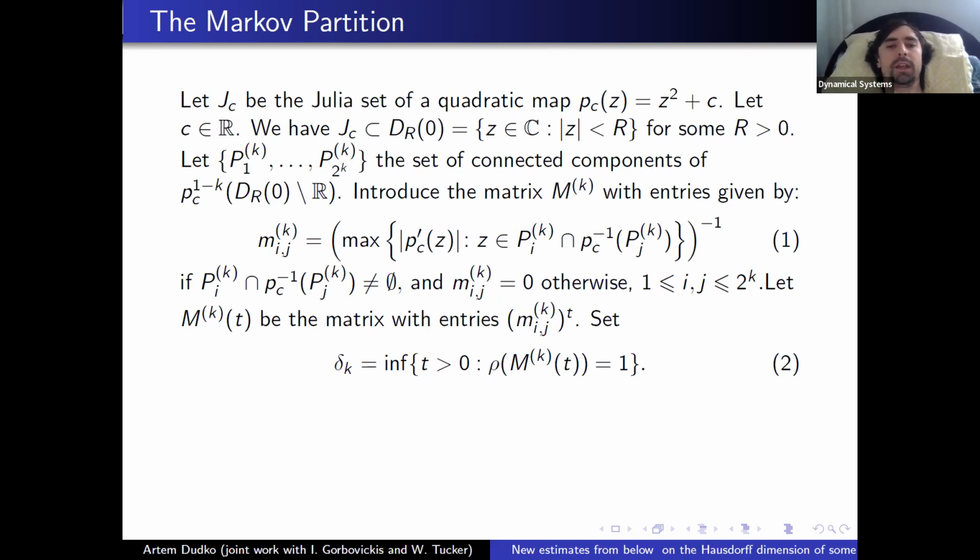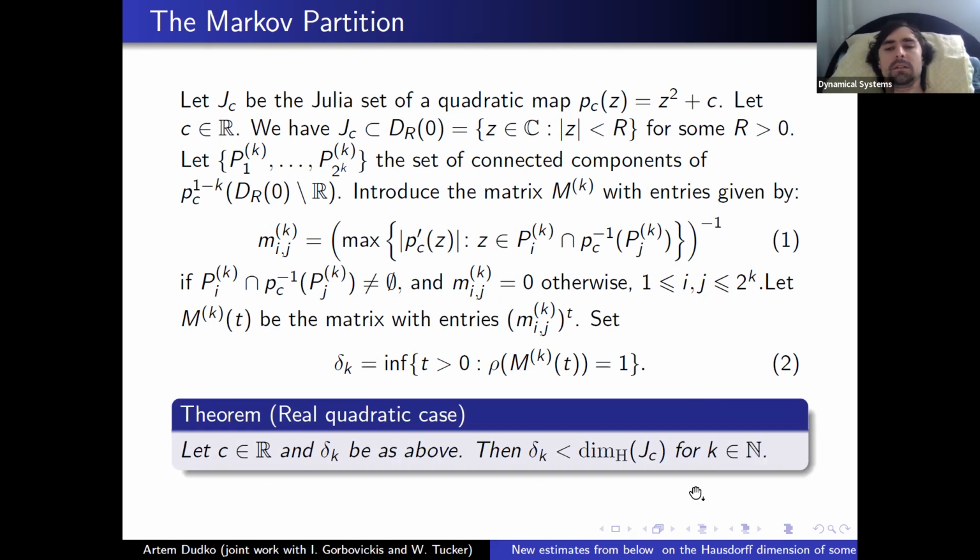Observe that for t equal to 0, this matrix has all non-zero values equal to 1, and so its spectral radius is automatically greater than 1.